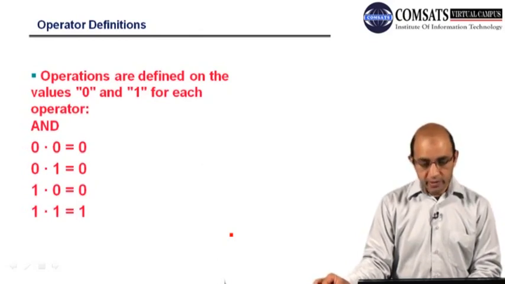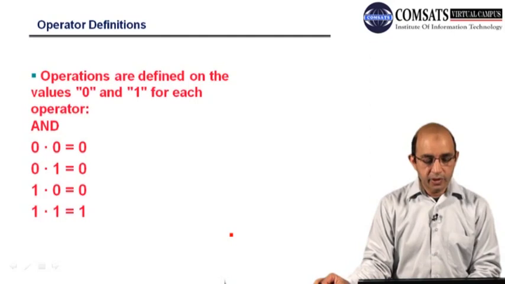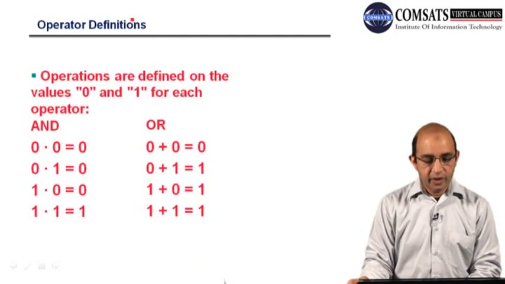So these are the representations of the same Boolean operators in tabular form. Here we have the possible combinations.